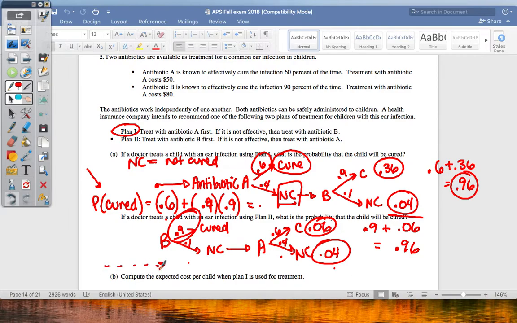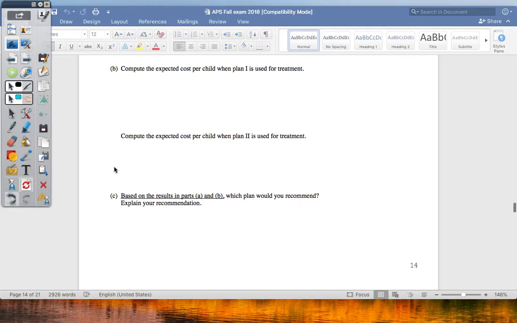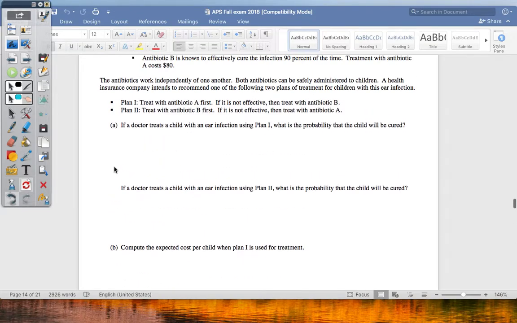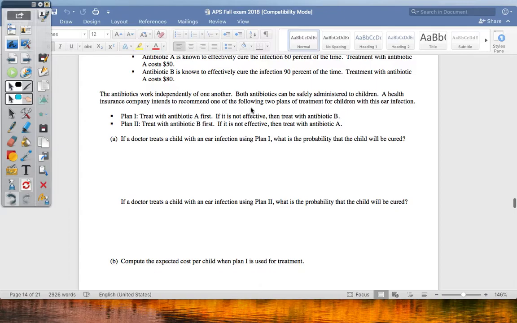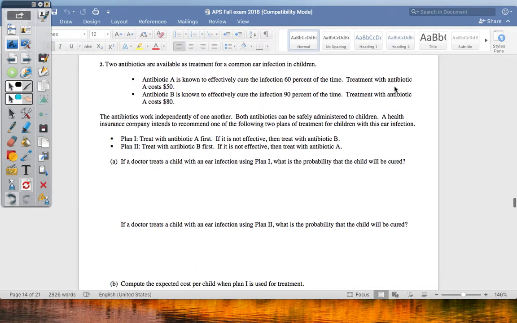Good, good. All right, so the next question coming down is, what is the expected cost per child when Plan 1 is used for treatment? Okay, well, Plan 1 stated, let's see here. Treatment with antibiotic A costs $50.